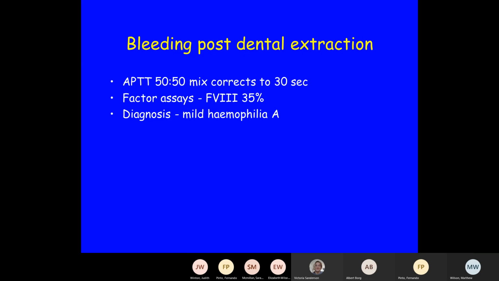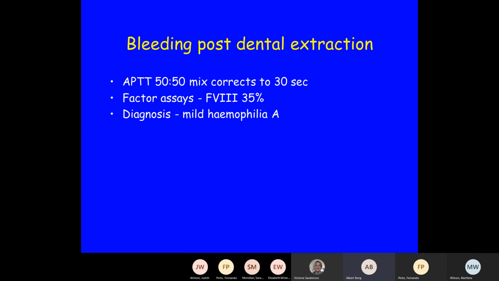We saw that even babies should have adult levels of factor 8, which is 50 to 150. This is 35. We saw that the definition of mild hemophilia A is anything when the factor is above 5, right? So is that correct?